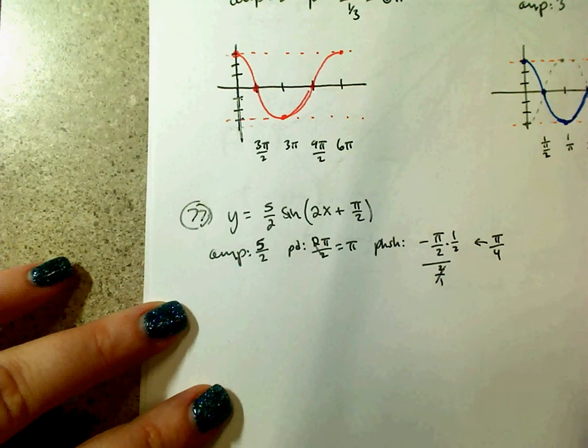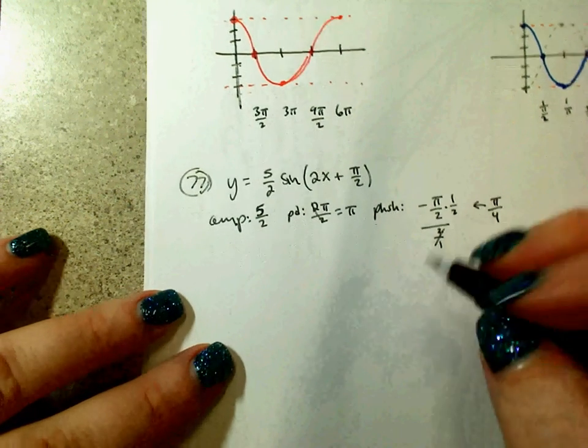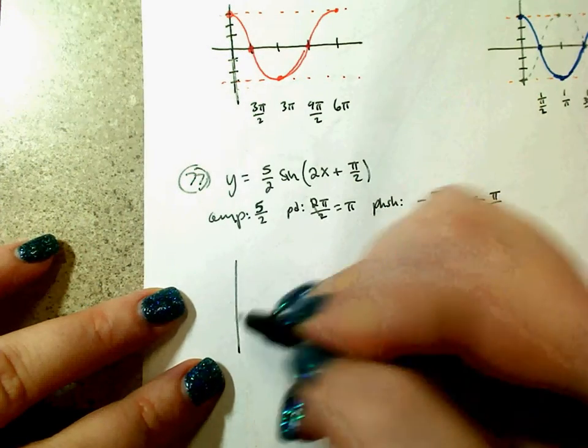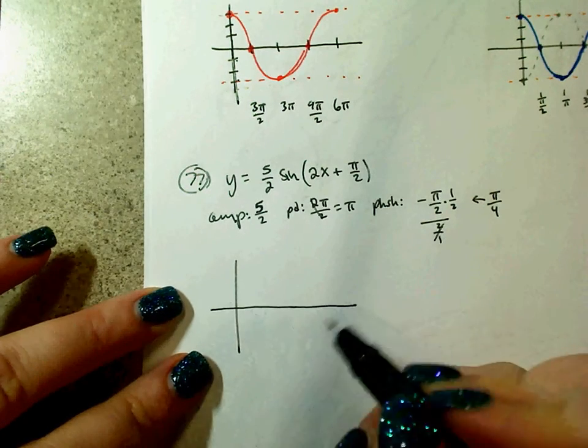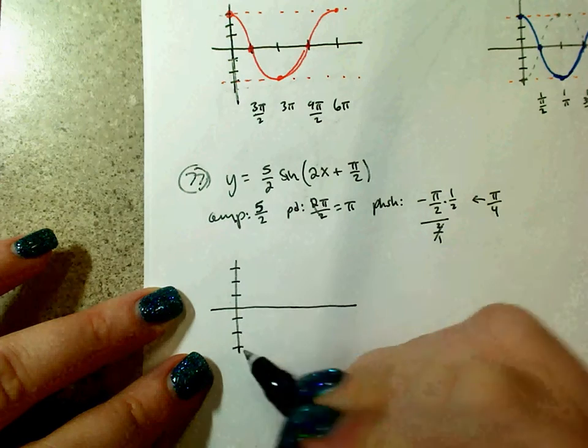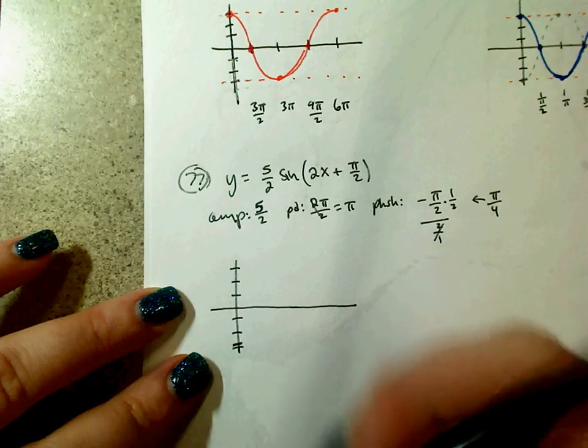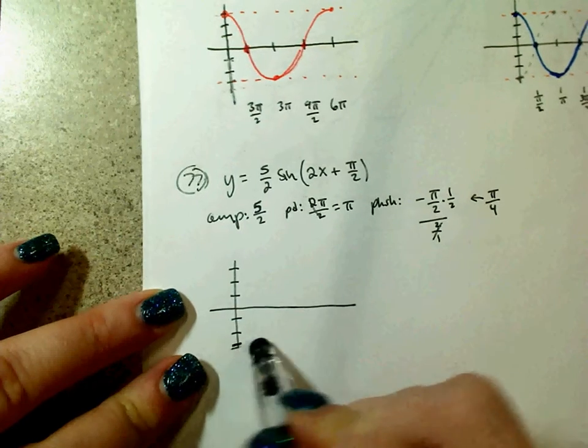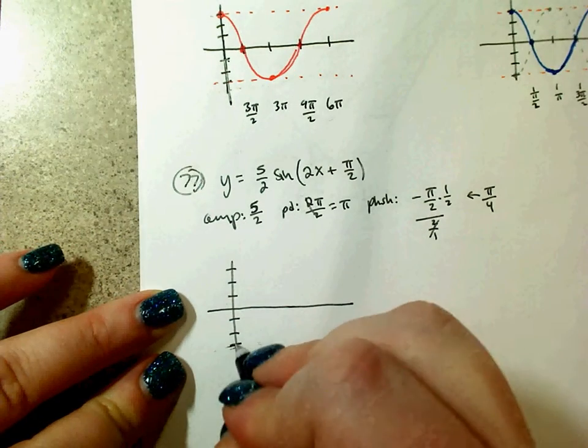Okay, so we've got a sine wave. 1, 2, 3. Okay.